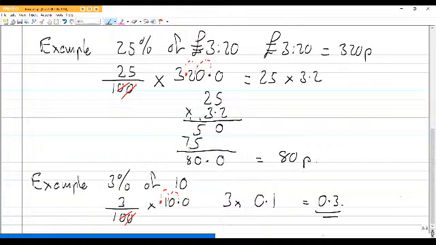Now, of course, to do percentages in this way, you have to use pen and paper. I hate anybody who forces people to do mental maths, because there's nothing more certain to turn off a young person from maths by saying you've got 20 seconds to answer these 5 questions.